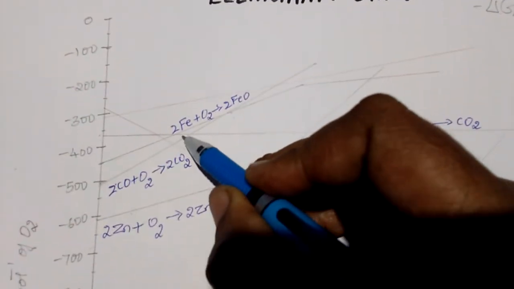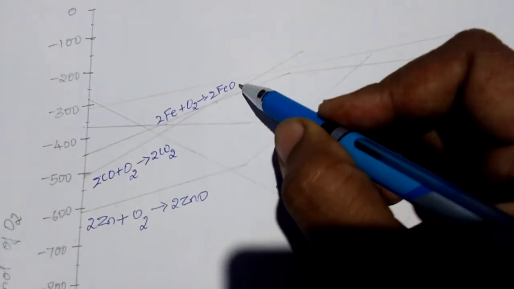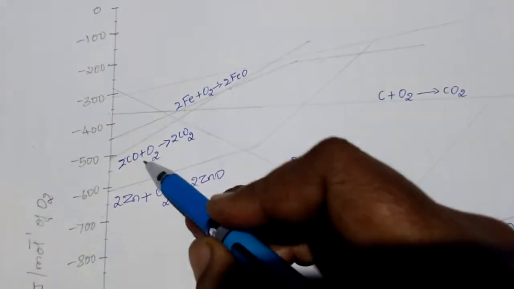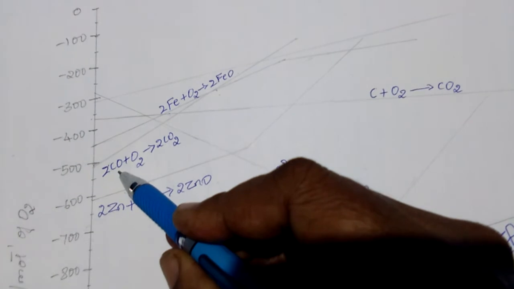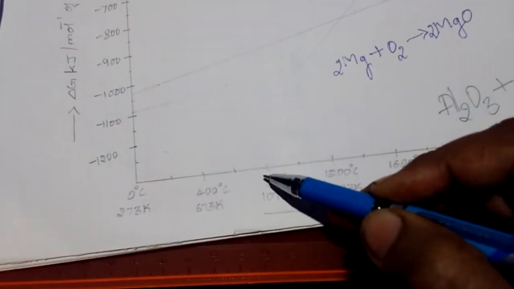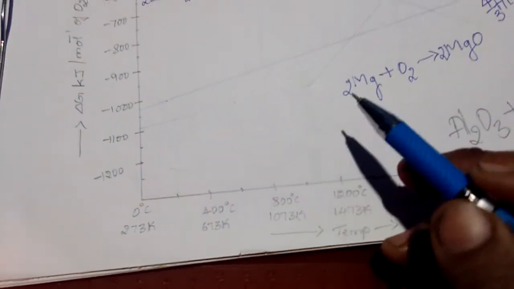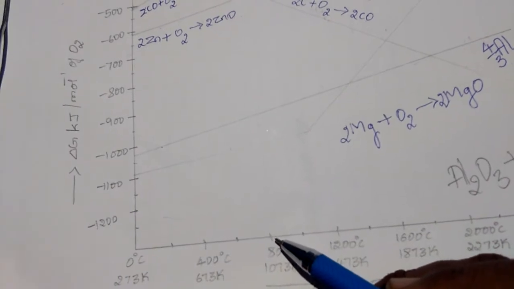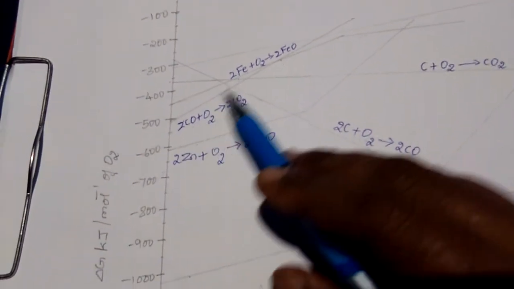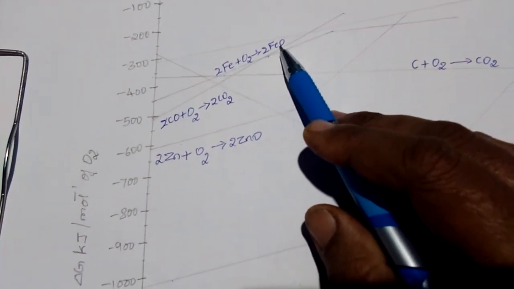Okay. So this line is for the conversion of iron to iron oxide, which is above the conversion of carbon monoxide to carbon dioxide. Up to which temperature is it? Nearly 800 degrees Celsius, which means up to about 1000 Kelvin, carbon monoxide can become a reducing agent for iron oxide.